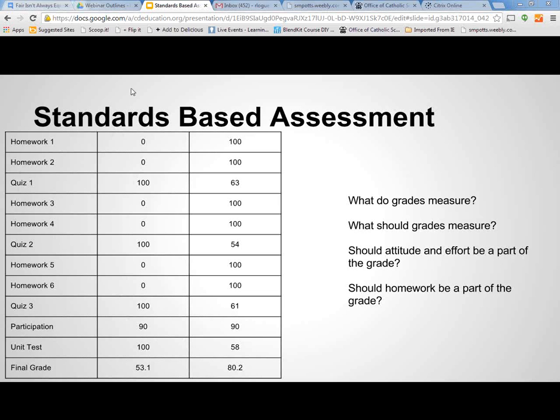Not what my child knows, but it boosts her grade because she is receiving much higher scores on homework than she is on quizzes. If I looked at this student here, the second one, I would never recommend that. They don't know the material. Their grade's being boosted by other things. So that's what I meant there.